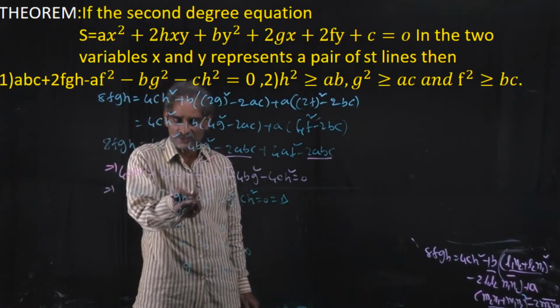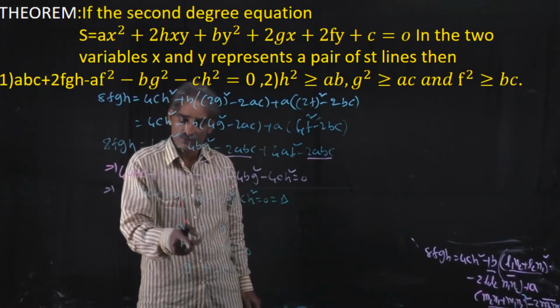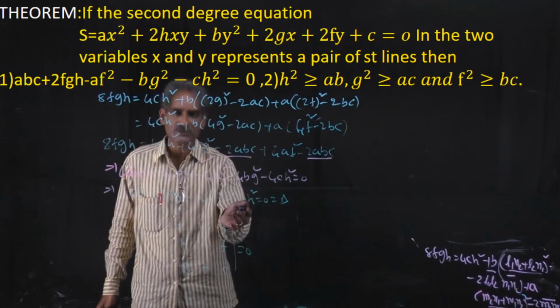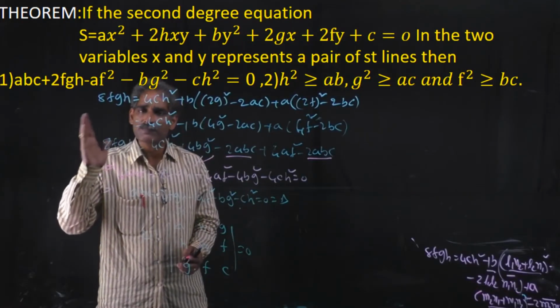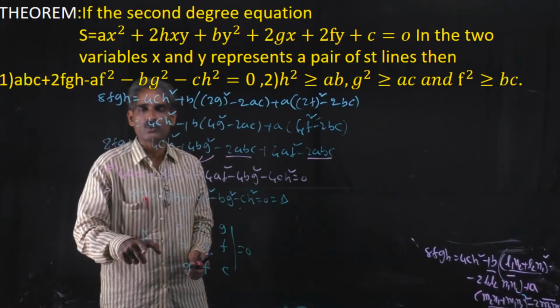We can write this or this. So it is also denoted by delta, delta equal to this one. You can use any one formula. The expansion of this is nothing but this one. So if a second degree equation represents a pair of lines, it must satisfy this condition, delta equal to 0.